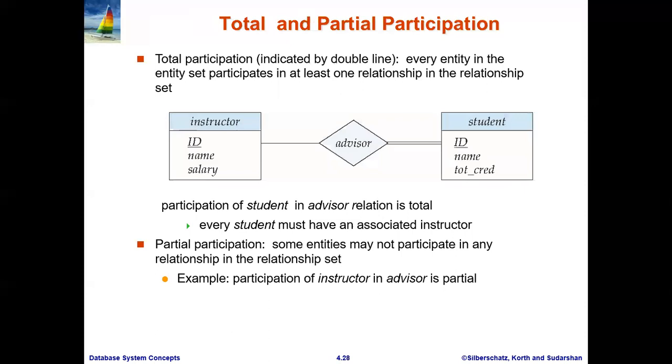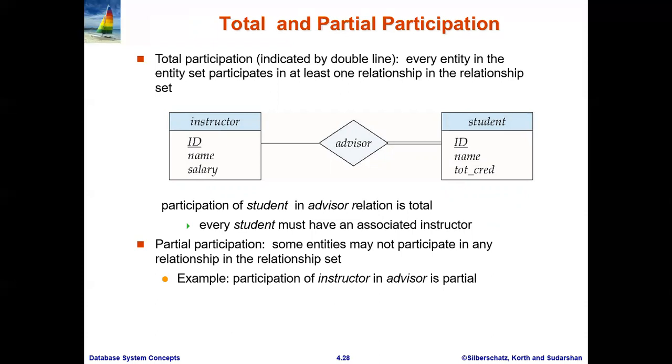Then what is partial participation? Some entities in the entity set may not participate in any relationship in the relationship set. For example, the participation of an instructor in advisor is partial, which is shown by a single line.